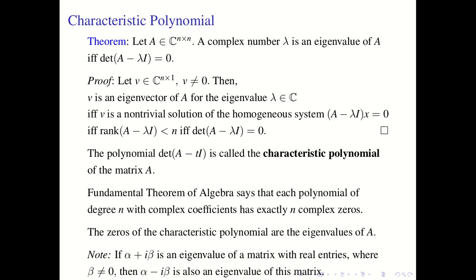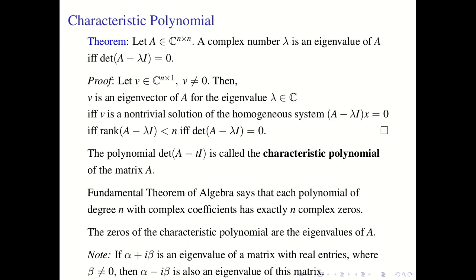So given this determinant of A minus tI, the fundamental theorem of algebra says that this polynomial has n complex roots.